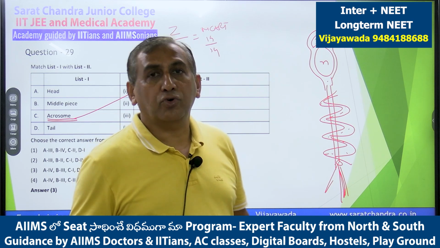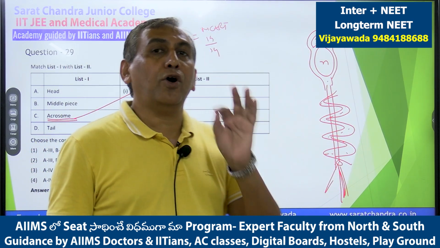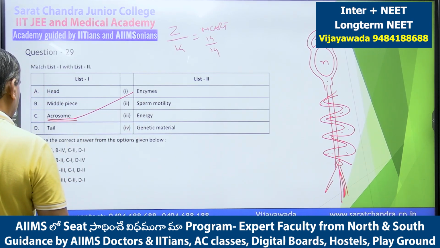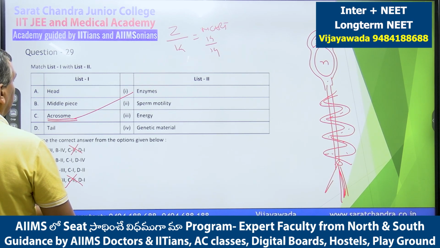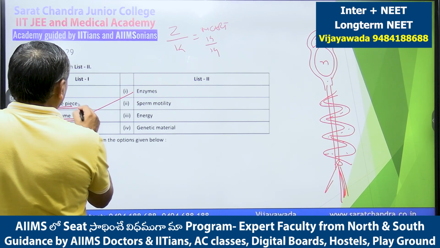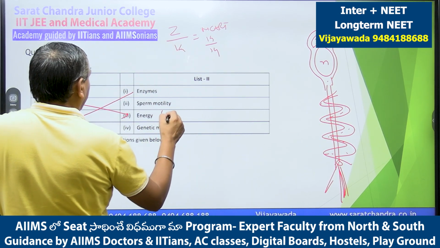Without acrosome, a sperm cannot penetrate the ovum. So C is the one. This option gone. This option gone. Middle piece has the energy, spirally arranged mitochondria known as the Nebenkern.